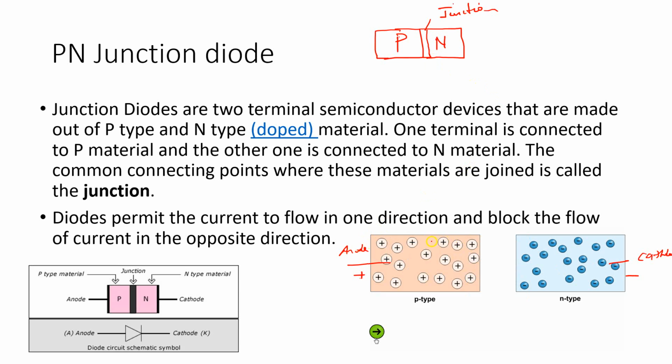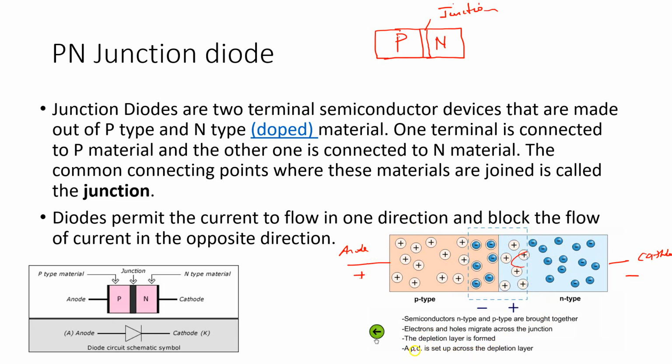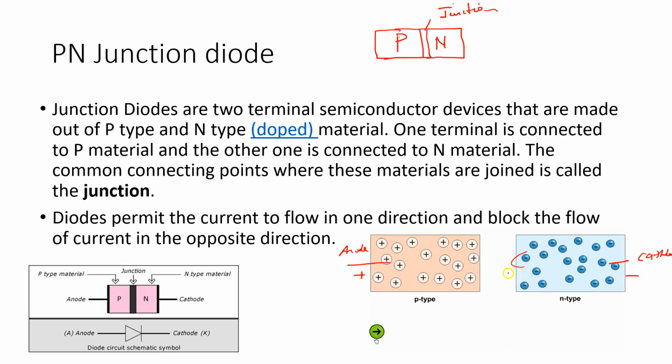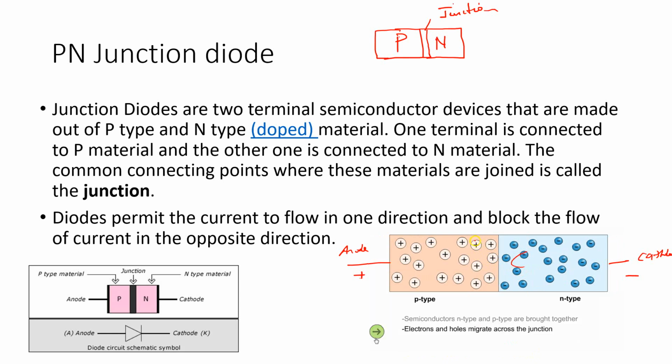As you can see, if you read the information right here, it says that a depletion region is formed. It says that electrons and holes migrate across the junction, and now a depletion layer, or depletion region, is formed. It says that a potential difference is set up across the depletion region. Because you have positives and negatives on either side, you also create a voltage.